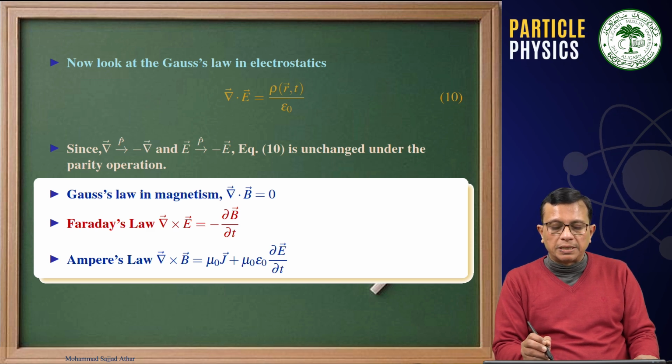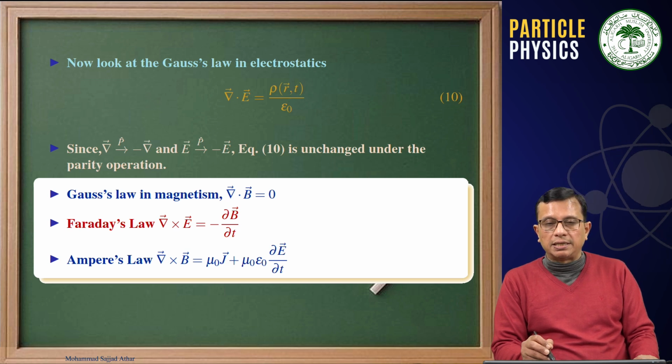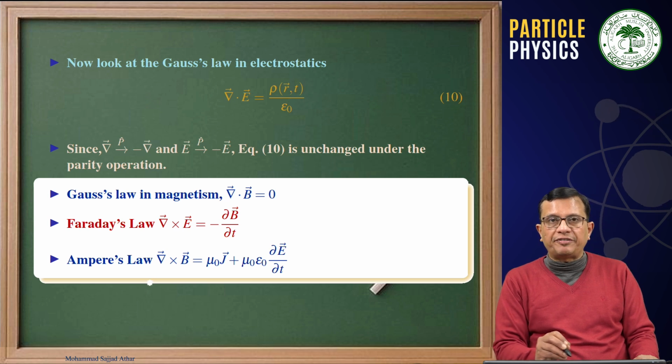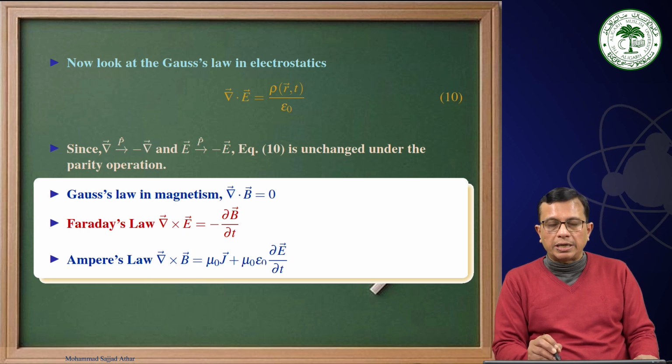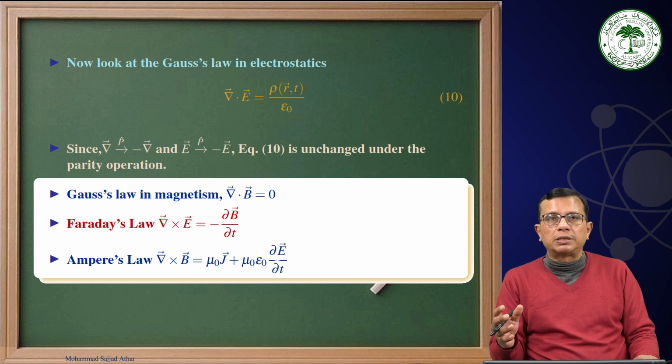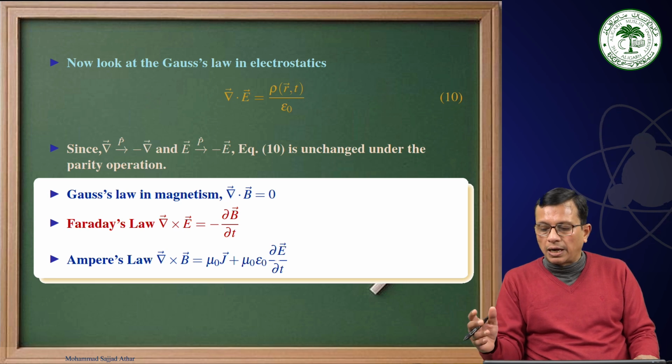Similarly, you can check it by looking at Ampere's law, where del is changing sign, B is not changing sign, J is changing sign, and here E is changing sign. So overall, there is a change of sign on the left hand side as well as on the right hand side. Therefore, there is no change of sign, and what we realize is that Maxwell's equations are invariant under parity operation.